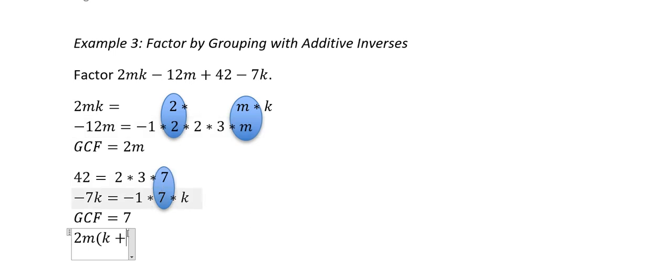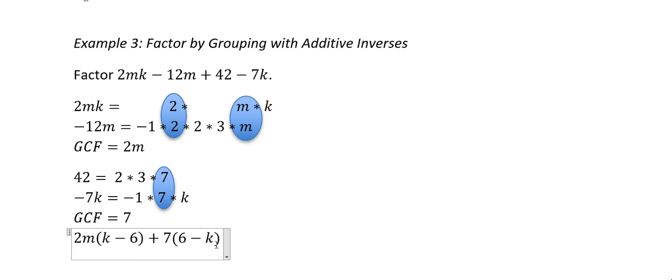So that is negative 6. So let's actually write that as minus 6. Okay, then my next set, my common factor here was a 7. Then I have 2 times 3, or 6, and what's left here? Negative 1 and k, so minus k.